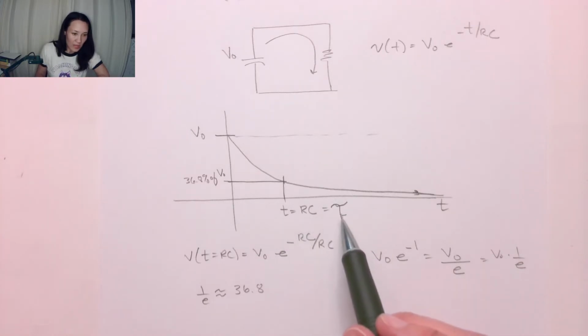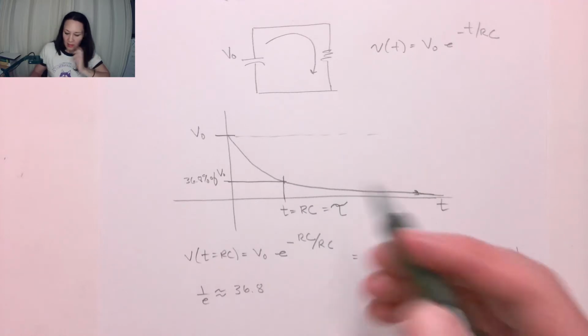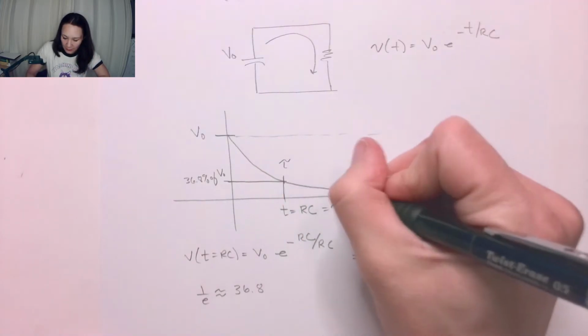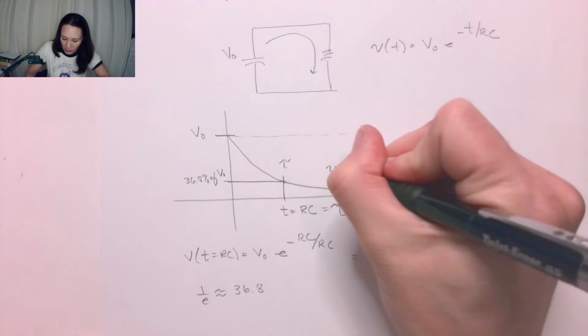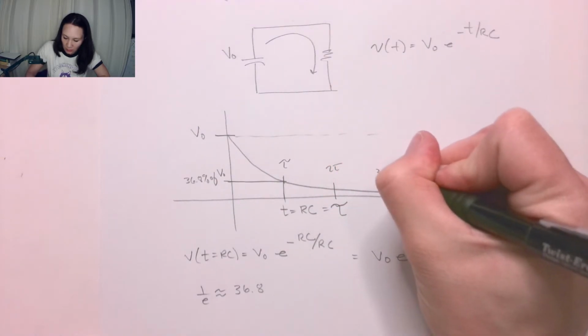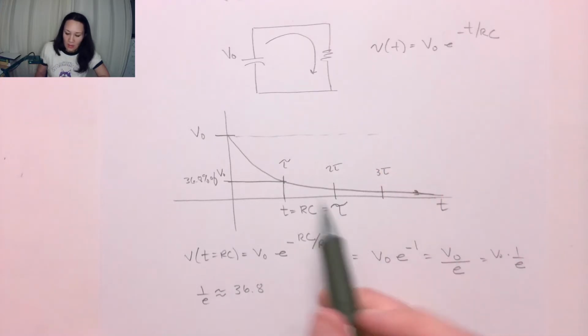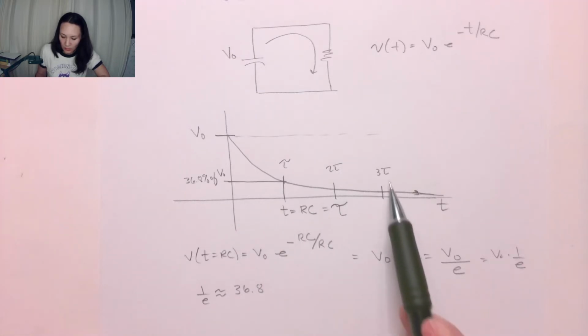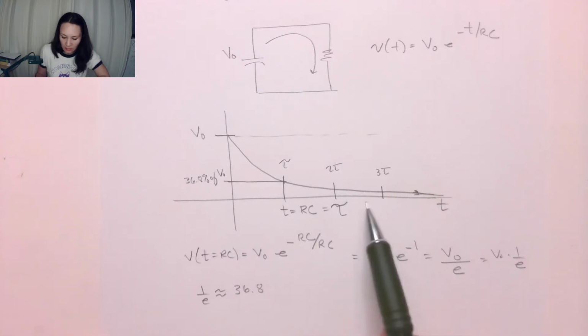Once we have that, now we can look at multiples of tau. This would be 1 tau, and then this would be 2 tau, and this would be 3 tau. So you could ask, how long would it take to reach 3 time constants?